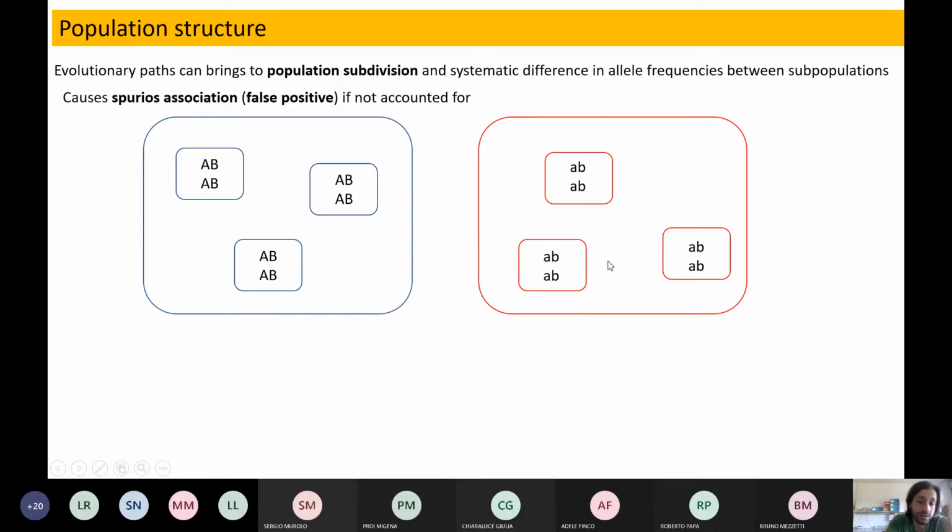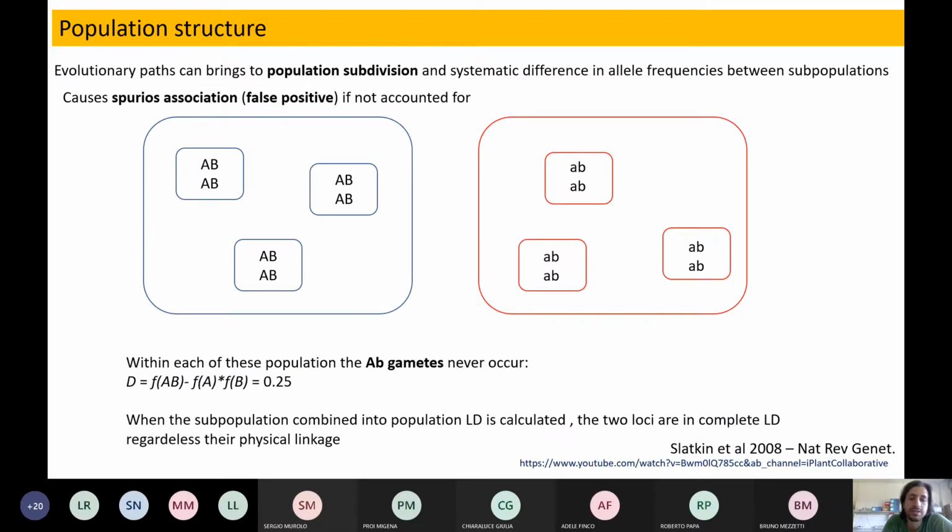If we create an association panel by sampling from both populations, we can think that the A and B alleles are in perfect linkage disequilibrium, because we don't see any recombinant haplotype, let's say major A, small b, or small a, major b.